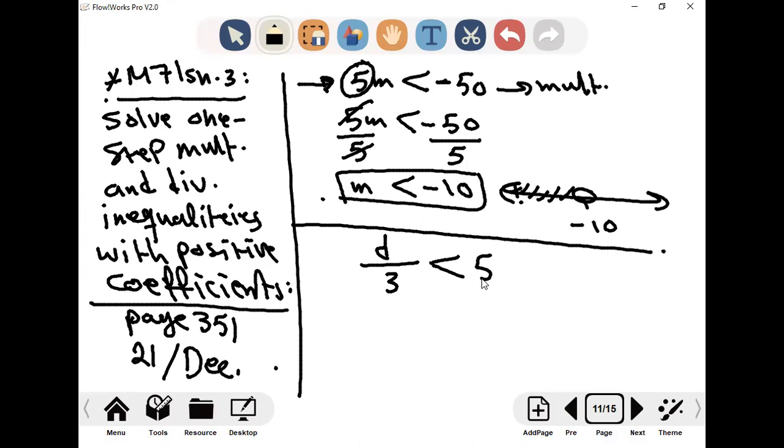It's a divisor. So what's the coefficient here? No. d is the variable. 5 now has no relation. No, d over 3 is the term itself. 1 over 3. If there is no coefficient, there is no variable. If there is a variable, then there is a coefficient.